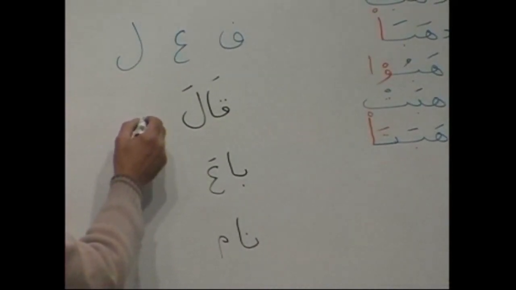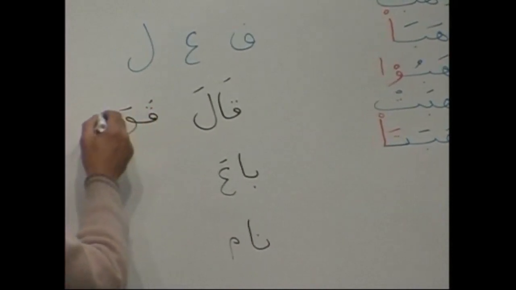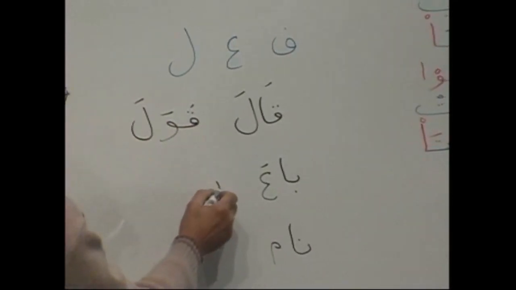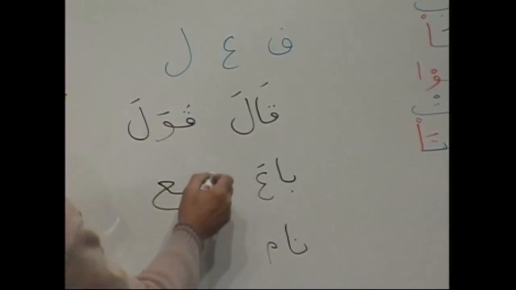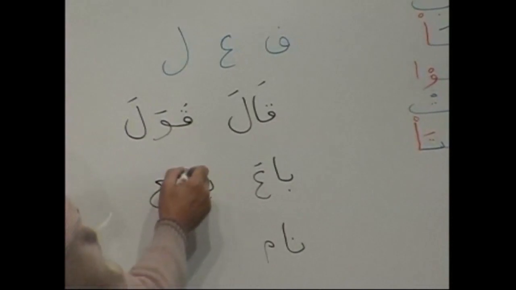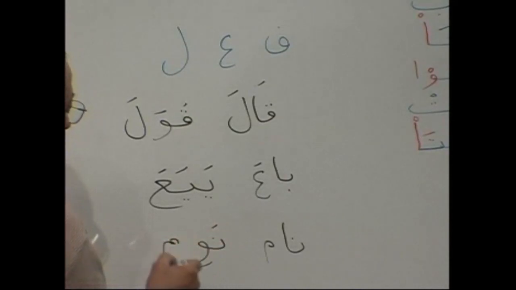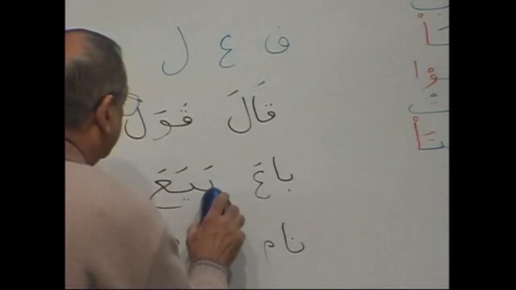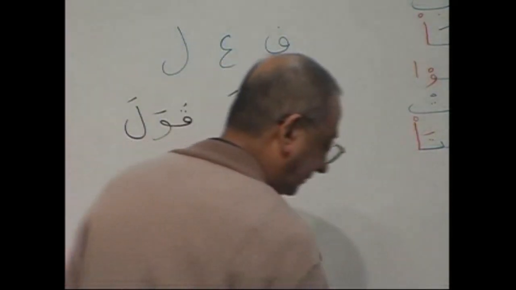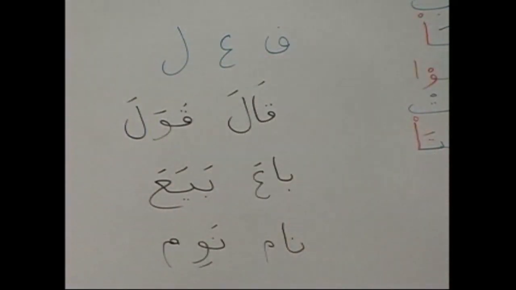Kala is ka, wa, la. Ba'a is ba, ya, a. And nama is na, waw, ma. Are you with me, brothers and sisters?